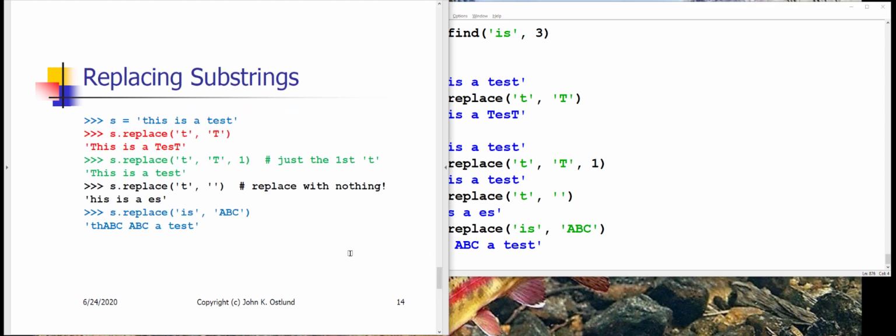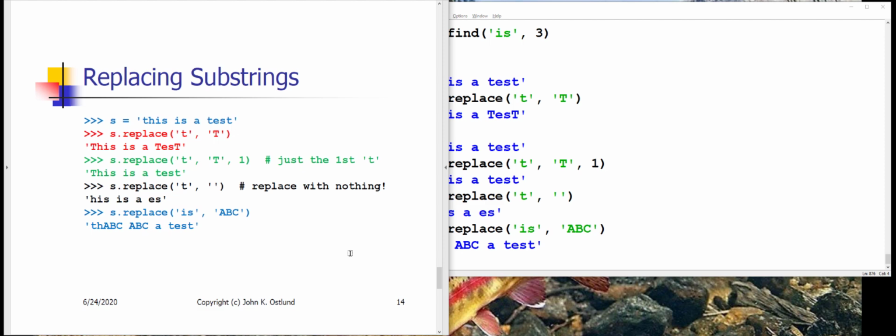Okay, so this gives us quite a range of flexibility. We can start with a string. We can convert that string into uppercase, lowercase, some combination. We can format that string to be centered in a field or left or right justified in a field. We can test the string's attributes. We can search for substrings within the string.